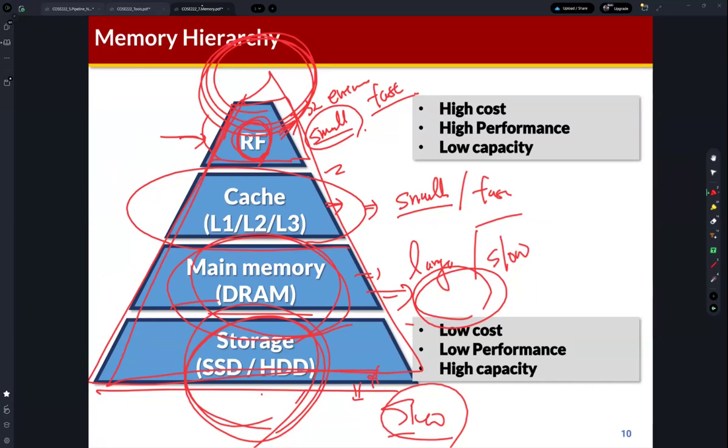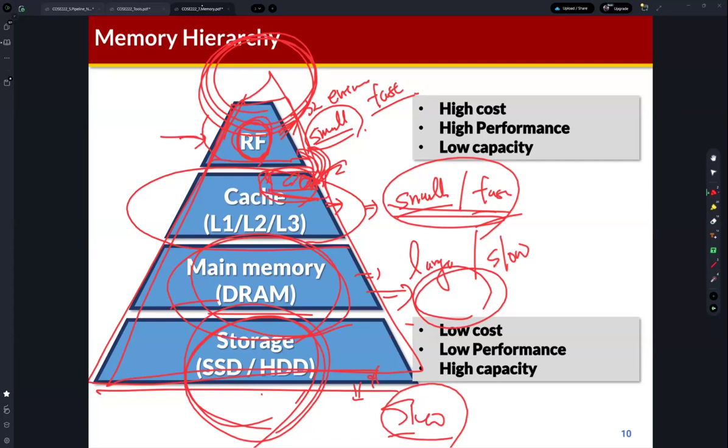I said that the best memory is small, right? But from the entire data, we can select the frequently used data by exploiting data locality. So we can store frequently used data in the small memory like cache, because cache is the best. Then this data can be accessed again and again from the cache, from the best memory.